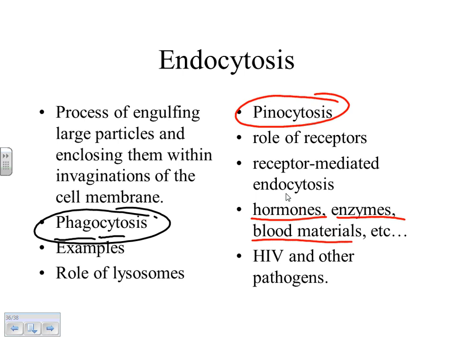So the thing that sets this apart from phagocytosis, which is engulfing large solid particles, is that pinocytosis is engulfing large amounts of dissolved solutes. Sometimes receptors are involved in this process and trigger it to happen. That particular form of pinocytosis, where receptors are needed to trigger the process to start, is called receptor-mediated endocytosis.